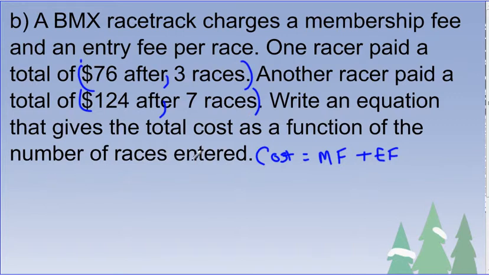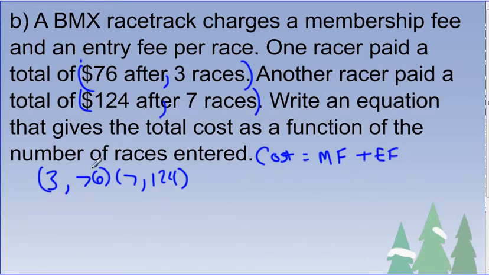We've got to make sure we have this correct. The cost would be our Y. So if for 3 races it cost me $76, and 7 races cost me $124, we have 2 points. We can find our slope, we can find our intercept, and we can find the equation of this to find the cost.